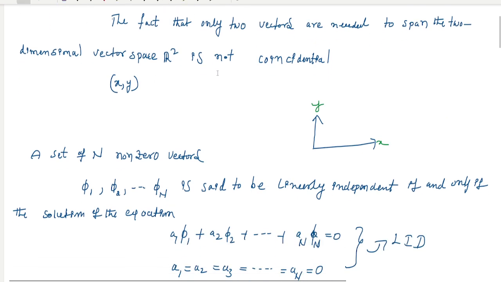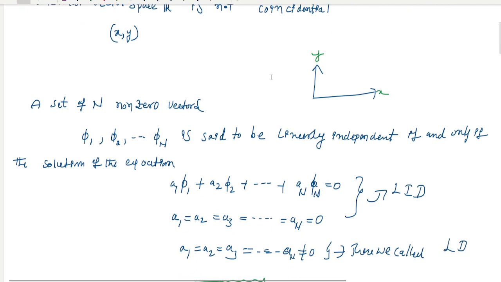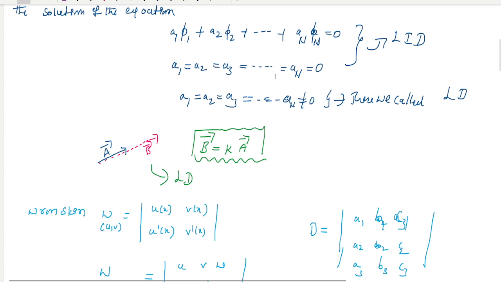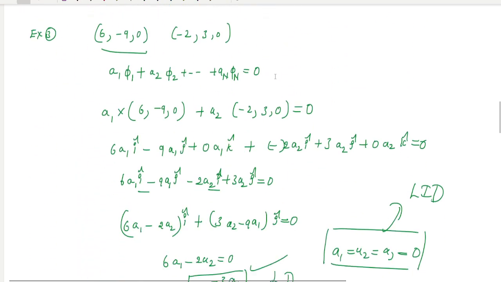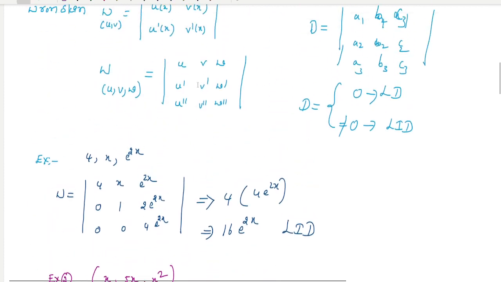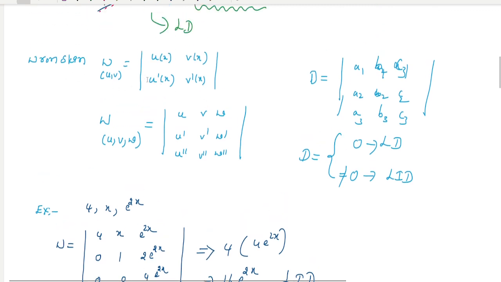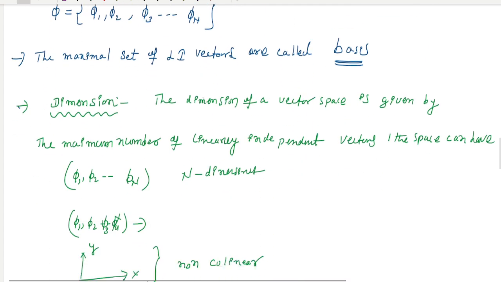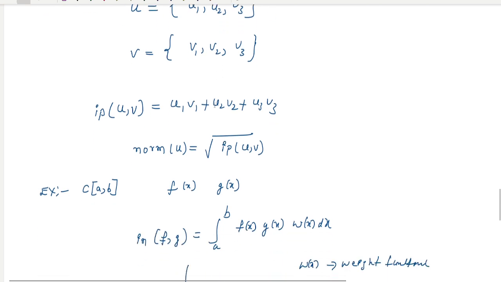One is what a linear independent vector space and a linear dependent vector are, what the basis is, and what the dimension is. How a given set of functions can be checked for linear independence or dependence using the Wronskian formulas for differentiable functions. And the inner product of two vectors: in case we have two vectors, how we write the inner product of the two vectors.